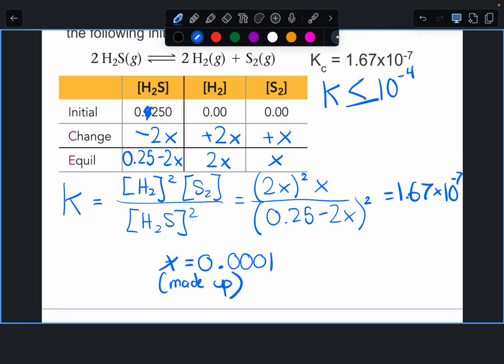So if your scientific notation is 10 to the negative fourth or smaller, then we're going to ignore when we have a minus x or a minus 2x or a plus x or a plus 2x, we're going to ignore this term, okay? Not these ones, because multiplying by a small number makes a difference. But this isn't going to change the number significantly, and it will simplify the math a ton.